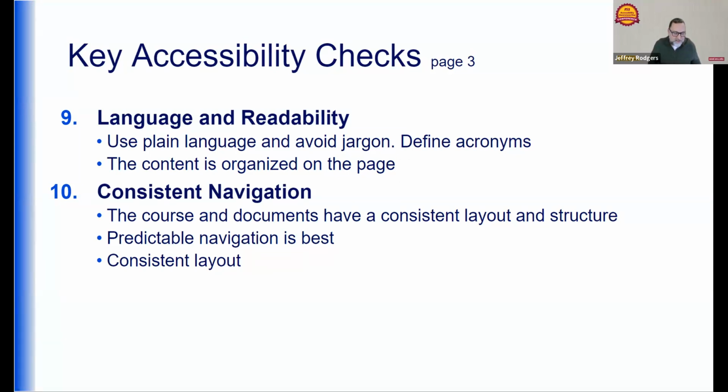And I saw there was a question in the Q&A. As an ID, I never know whether to put "image of" in the beginning of alt text. I've heard conflicting answers. Can I clarify, and should it be added to each alt text for images? Yes, I will clarify that.